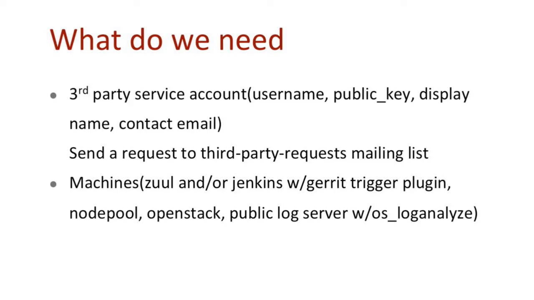And let's concentrate on what we need for the third-party CI, because we don't need all those toolchains. But it also helps to understand all those tools. For the third-party CI, we just need Jenkins, of course, and also third-party Jenkins jobs.